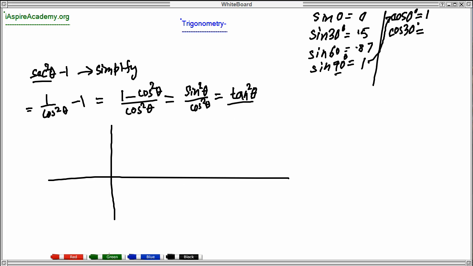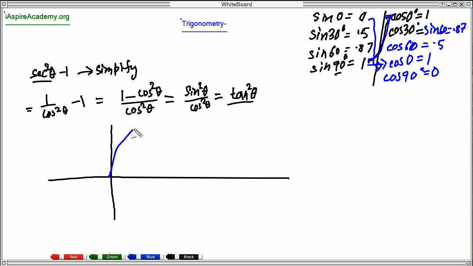So cosine 30 equals sine 60 equals 0.87, and cosine 60 equals sine 30 equals 0.5, and cosine 0 equals 1, which is sine 90 degree, and cosine 90 degree equals 0, which is sine 0 degree. So you see, sine and cosine are really the reverse.